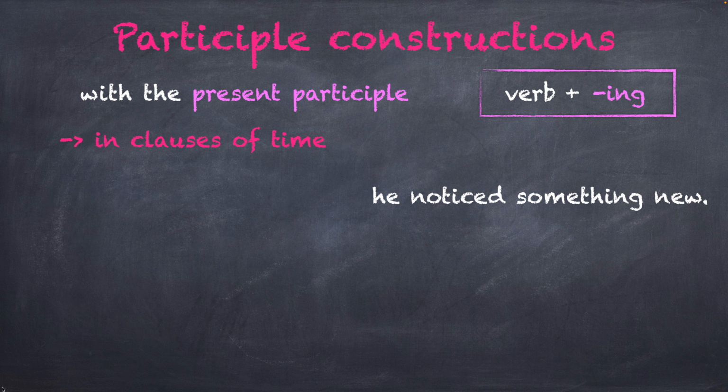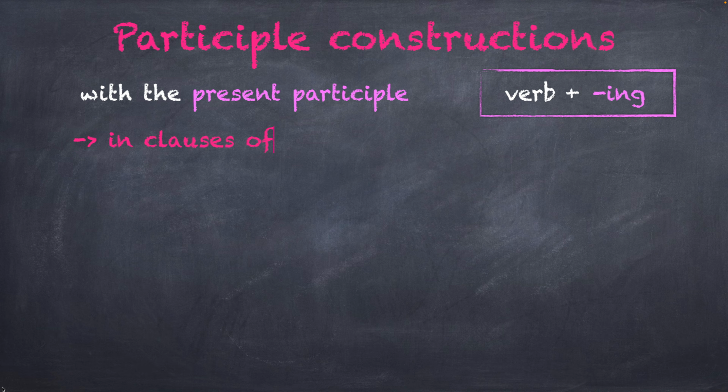So you get, while watching TV, he noticed something new. So what you have to do is you change the verb to watching, the present participle, and you lose the subject. The subject is in the main clause in the second part of the sentence, it's he. And you get, while watching TV, he noticed something new.